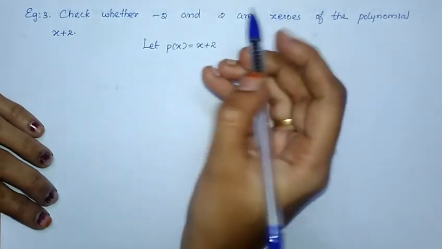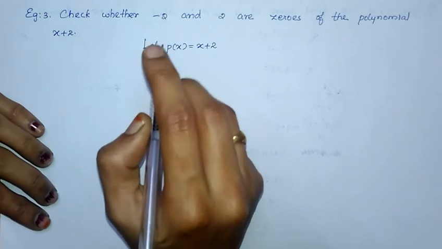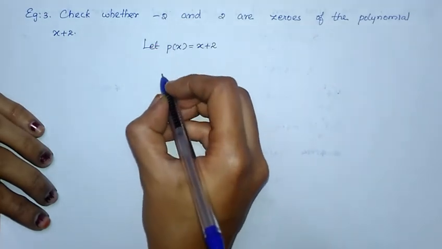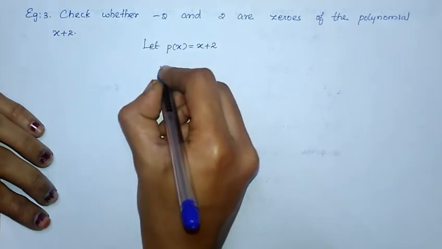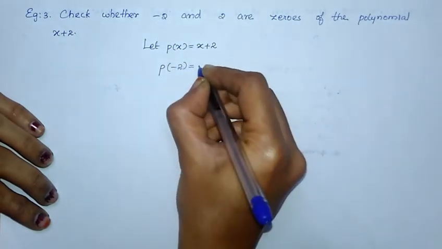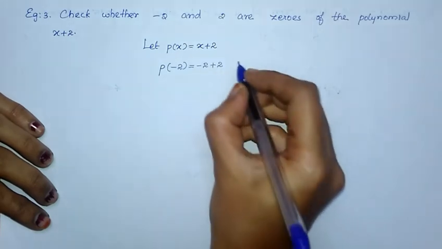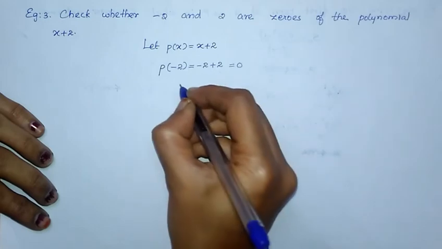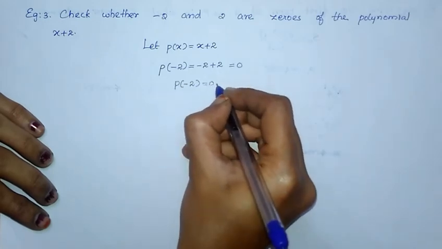We have to check whether minus 2 and 2 are the zeros of this polynomial. So, first apply in the place of x minus 2. So, P of minus 2 equal to minus 2 plus 2, which is equal to 0. So, we got P of minus 2 equal to 0.